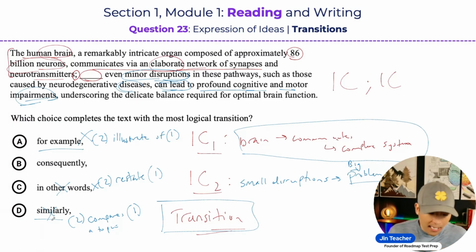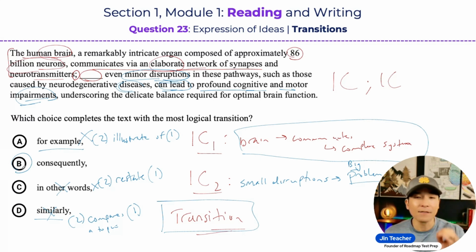That'll leave you with answer choice B as your correct answer, okay? Now, in some cases, and for some students, it might be easy to see the relationship between two sentences. For other students, though, it's not that easy. So this is where it becomes extremely important that every single one of you takes the time to study transition words on your own time.